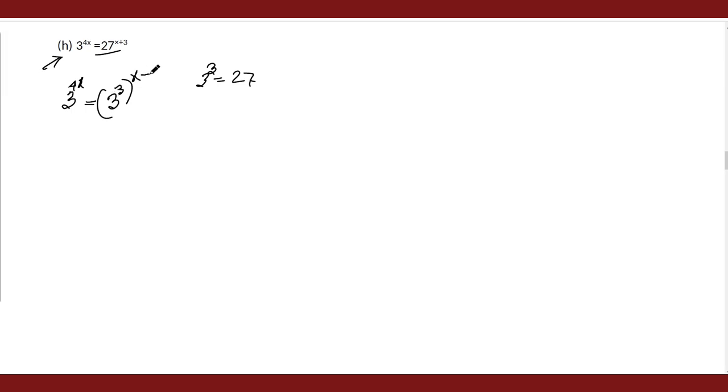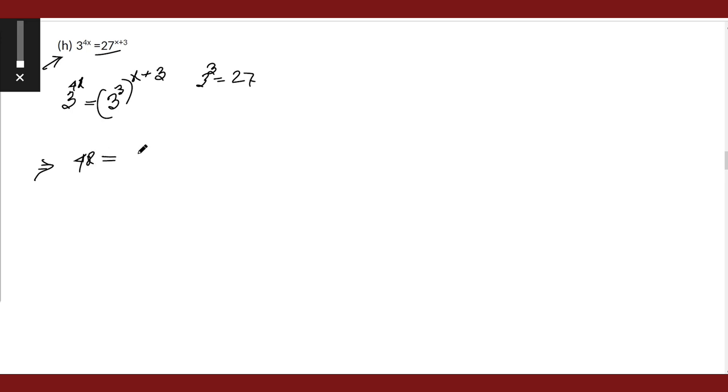Here we have question H, and it has given 3 power 4x is equal to 27 power x plus 3. So we can write 3 power 4x, and on that side we know 3 cube is equal to 27. So instead of 27 we can write 3 power 3, and we also have the power x plus 3. From both sides the bases are similar, so the powers must be the same.